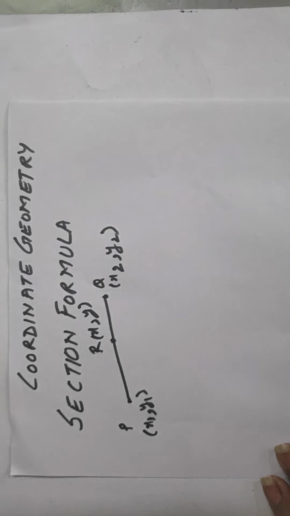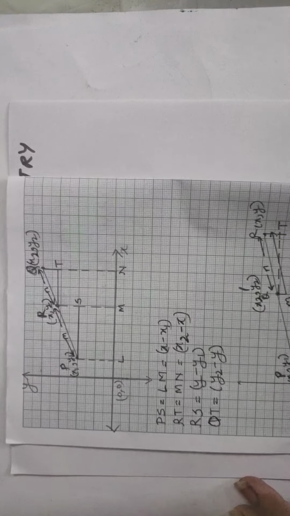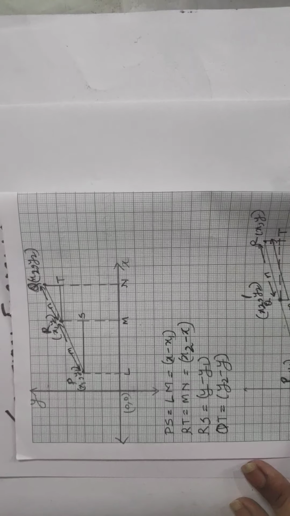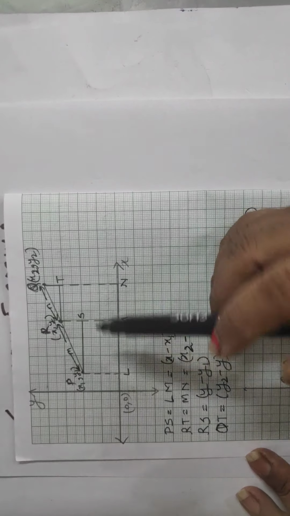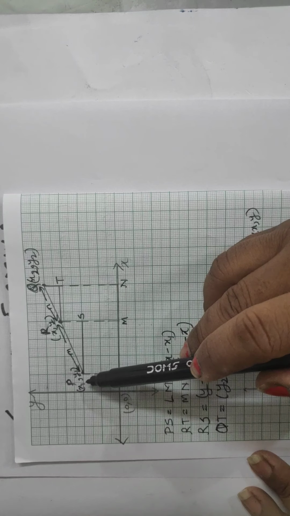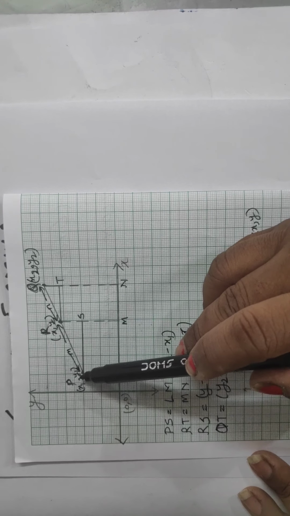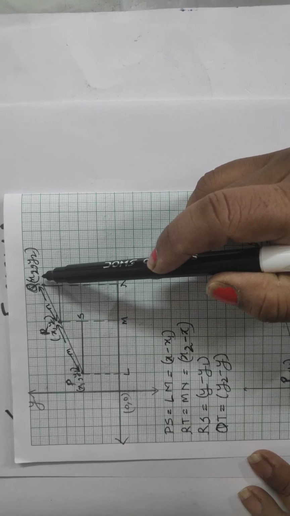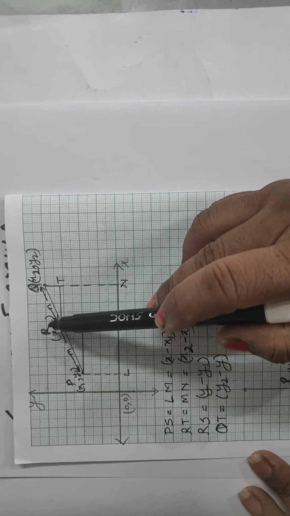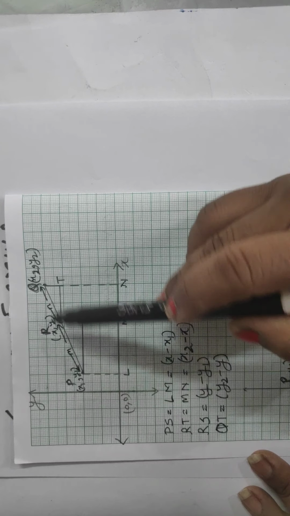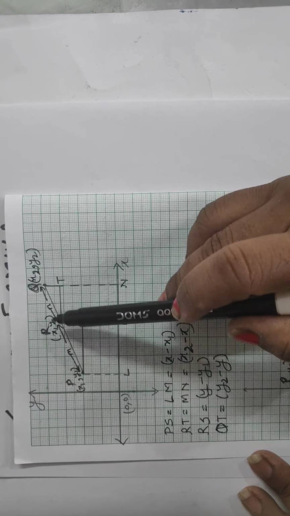So I have a graph. Now suppose these are the points P and Q having coordinates x1, y1 for P and x2, y2 for Q. Here is the point R having coordinates x, y, which divides PQ in the ratio m:n.